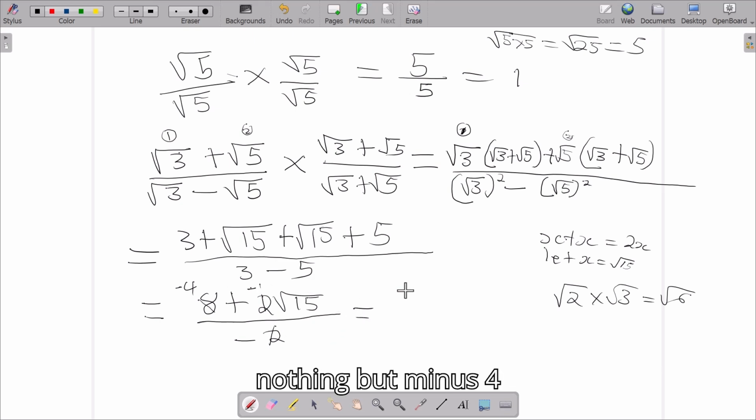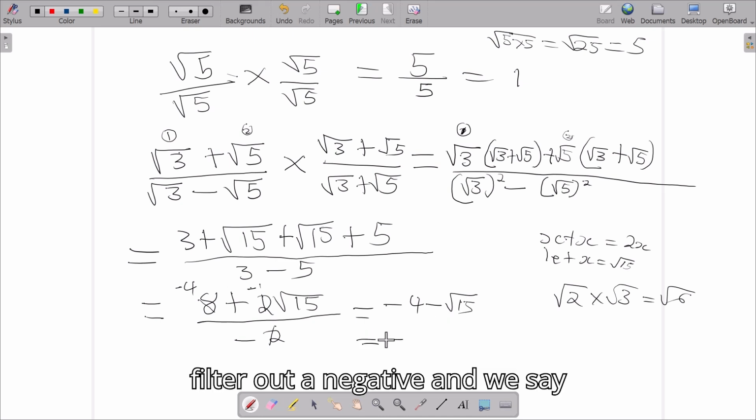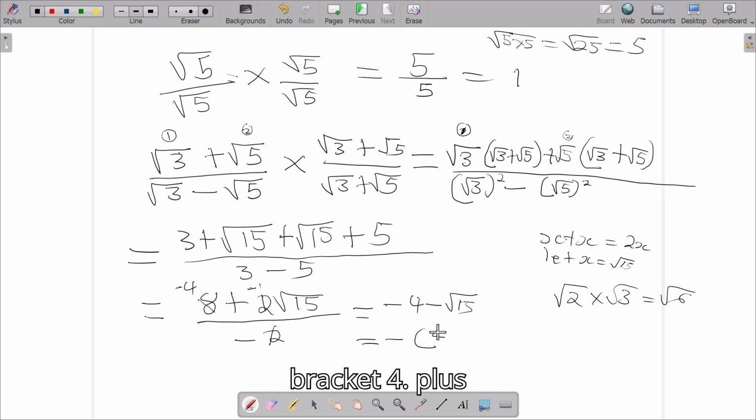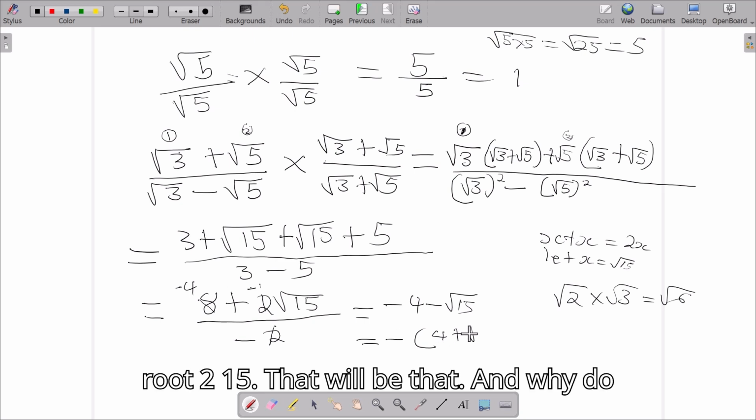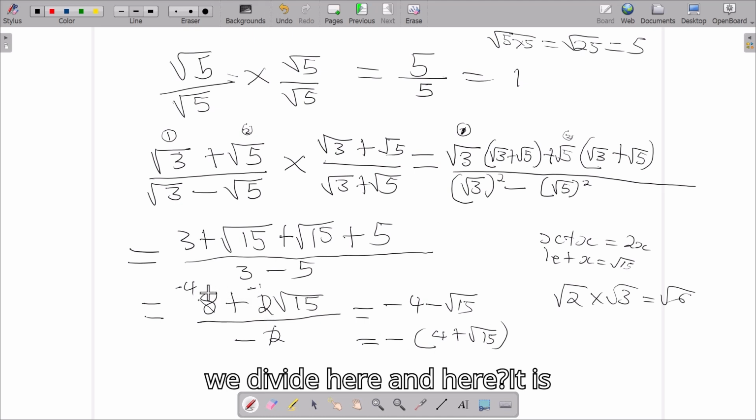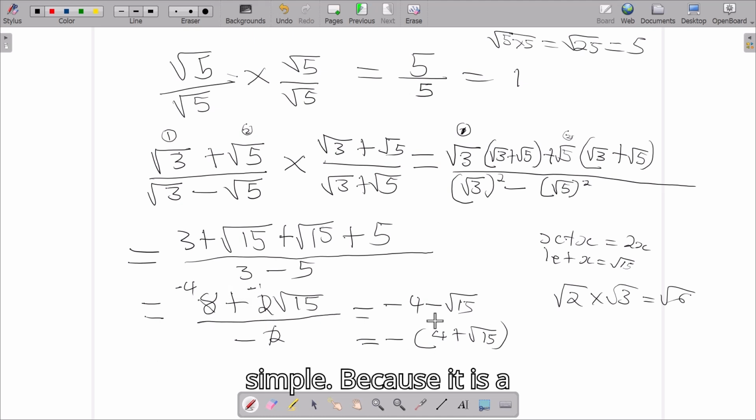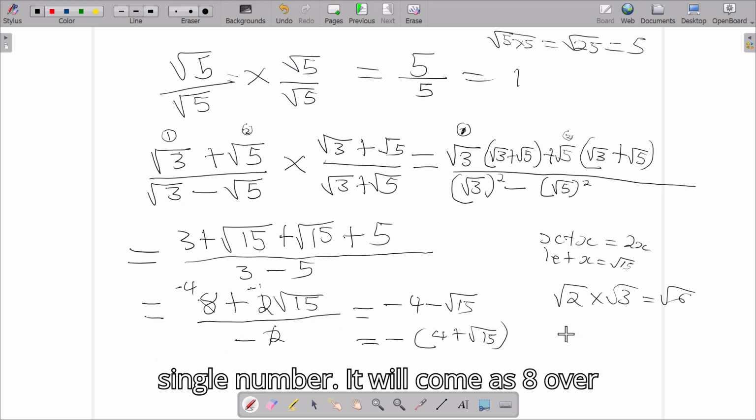Which gives us nothing but minus 4 minus root 15. And we can factor out a negative. Then we say bracket 4 plus root 15. That will be that. And why do we divide here and here? It is simple. Because it is a single number.